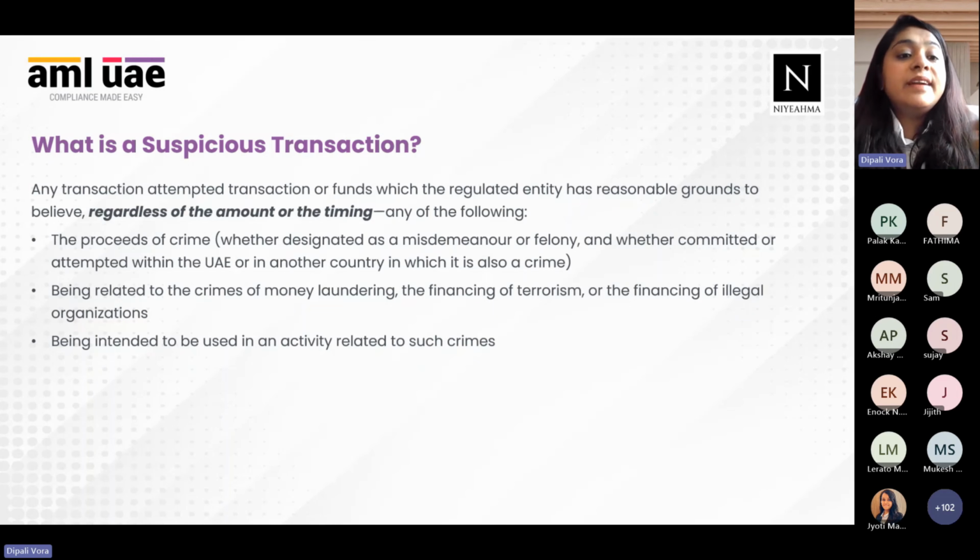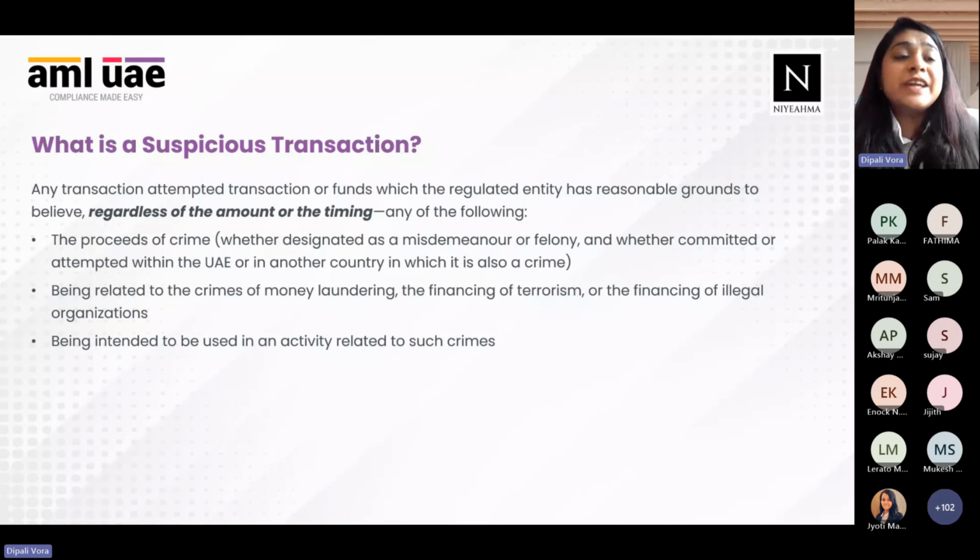Now, the second is being related to the crimes of money laundering. Maybe the person who has come to you is not actively doing that, or he is not the first person doing it, but he is acting as an ally. He is part of some organized crime where he is doing some kind of money laundering or financing of terrorism activities. Then you can also consider that particular transaction as suspicious.